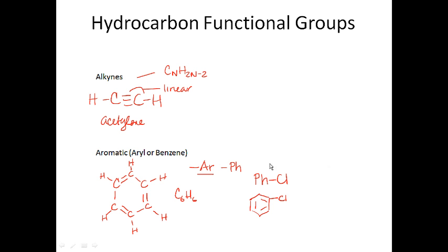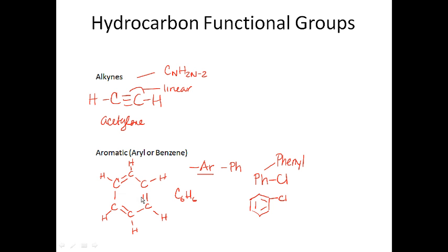Ph stands for phenyl, which is basically the name we use for a benzene ring that is attached to other things. So aromatic compounds have the benzene ring, the 6-membered ring with alternating single and double bonds.